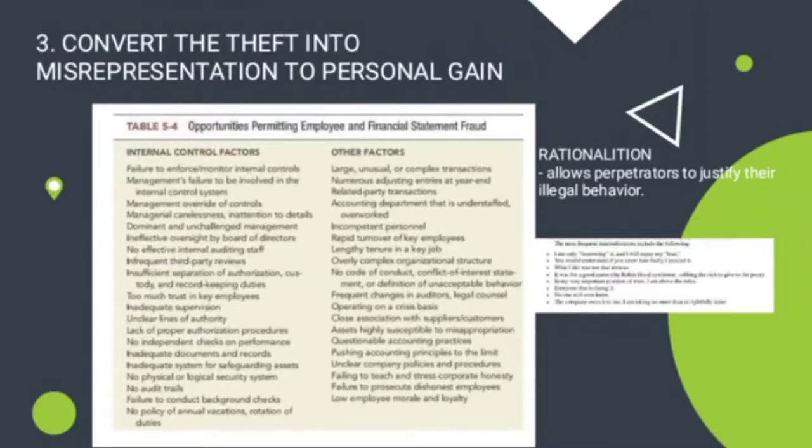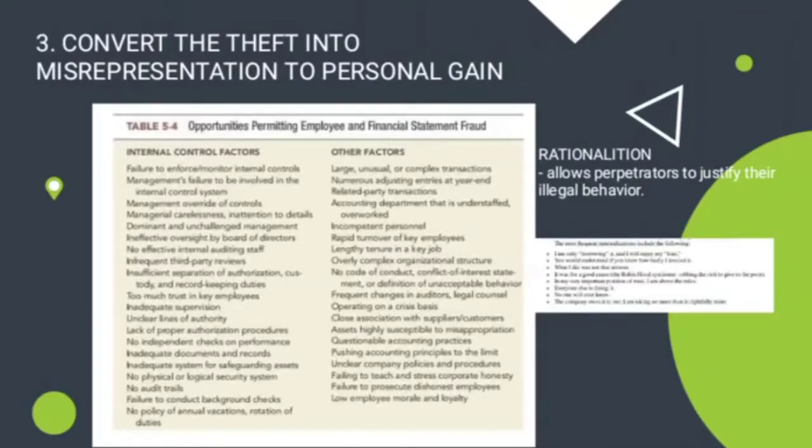Other factors provide an opportunity to commit and conceal fraud when the company has unclear policies and procedures, fails to teach and stress corporate honesty, and fails to prosecute those who perpetrate fraud. So, that's the list of internal control factors and other factors permitting employee and financial statement fraud.